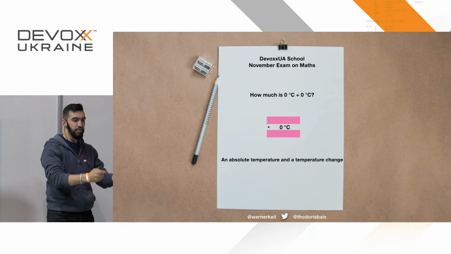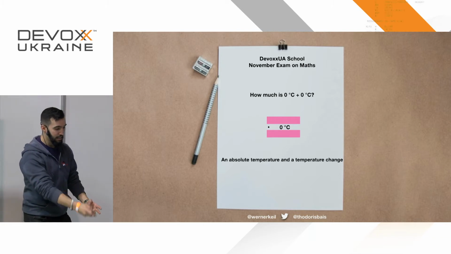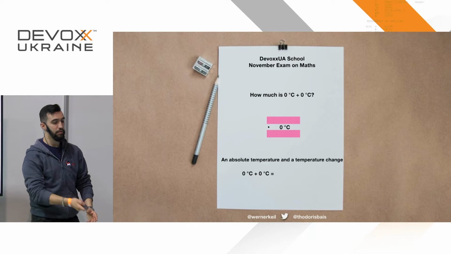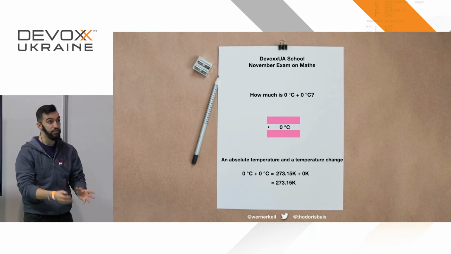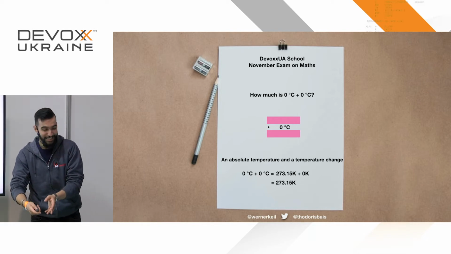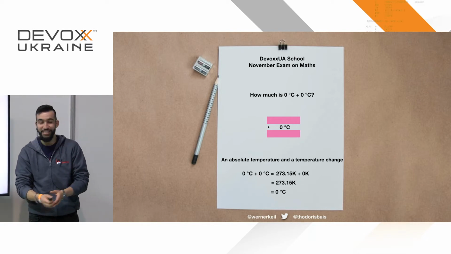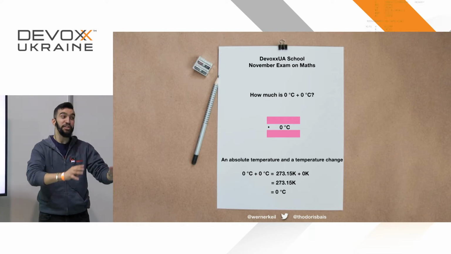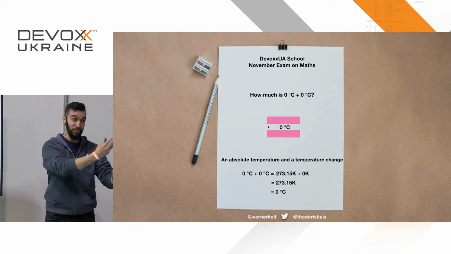So, for this particular case, 2 times 0 degrees Celsius would give us a sum of 273.15 Kelvin, which, of course, in turn gives us 0 degrees Celsius, right? Yes, I know, SI system. I'm going to come back to the degree Celsius unit later on.